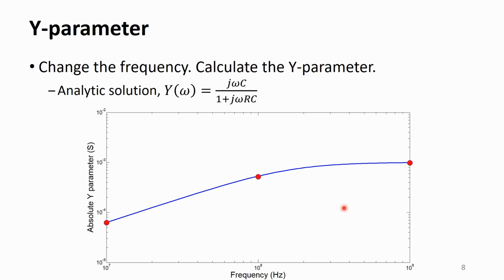Of course, the Y parameter itself is a complex number, and in this figure, only its absolute value is drawn. As expected, a good agreement is obtained. How perfect is it? By changing the number of time instances per period, you can feel the impact of time discretization.